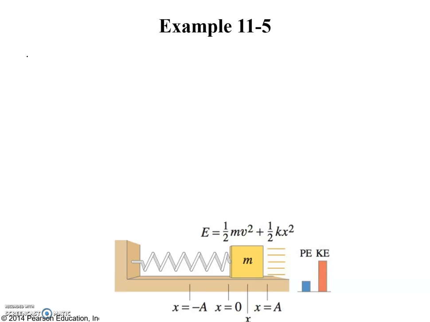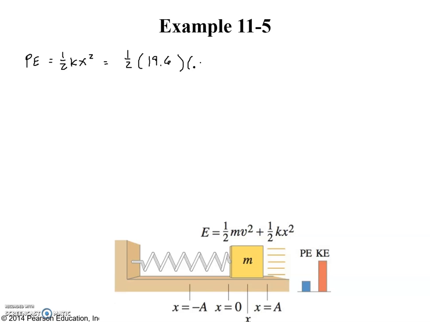So let's first look at the potential energy. The potential energy in the spring is equal to 1/2 kx squared. So that's equal to 1/2 times our k of 19.6. And this time, instead of being stretched out to our full 0.100 amplitude, we're going to see what the potential energy is at half the amplitude.